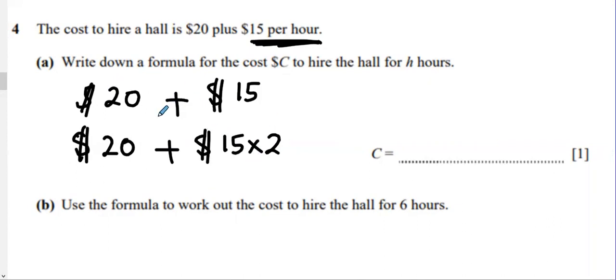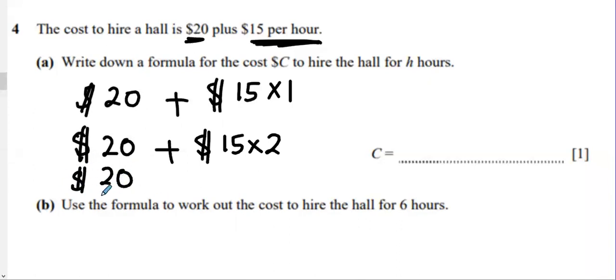So for 1 hour, it is $20 plus $15 times 1. And for 2 hours, it will be $20 again, plus $15 times 2, because they're saying the cost to hire a hall is $20 plus $15 per hour. Now, what if you are hiring a hall for 3 hours?